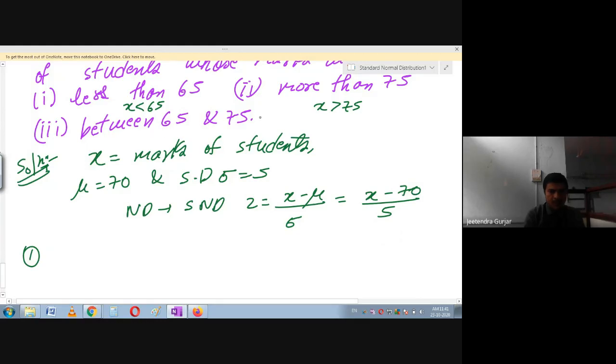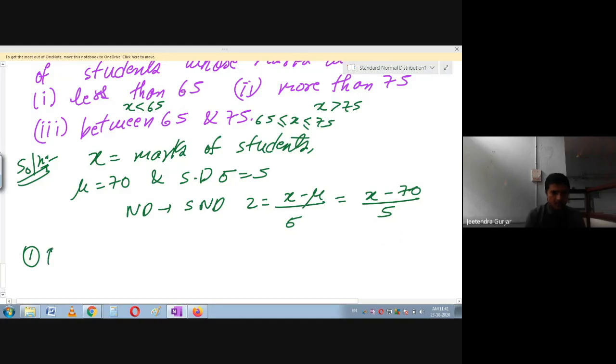Therefore, the random variable is 65 less than x less than 75. So it is between x and y, students. So start solving. Don't wait for me, students.